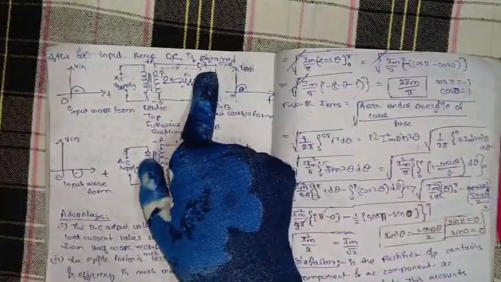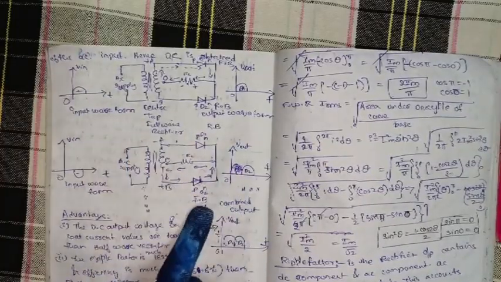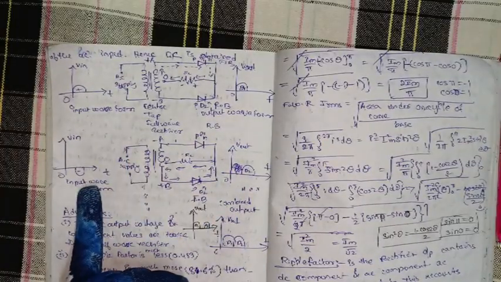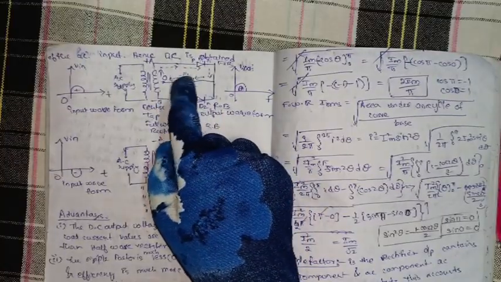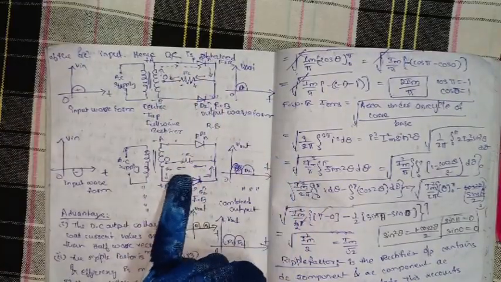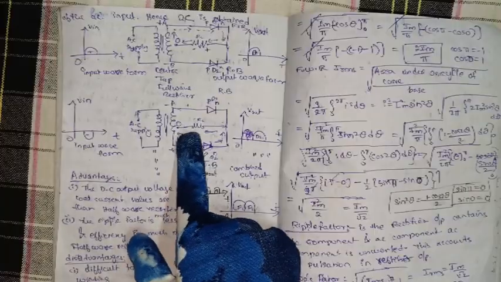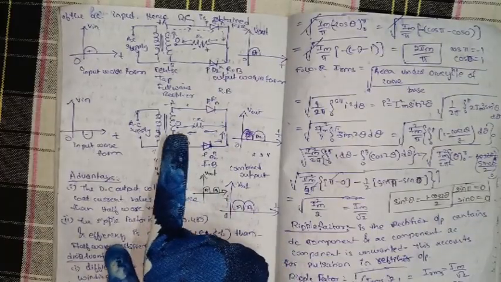That means D1 conducts during the positive half cycle and D2 conducts during the negative half cycle. Conducts means current flows through the D1 diode, and in the negative half cycle the current flows through the D2 diode.